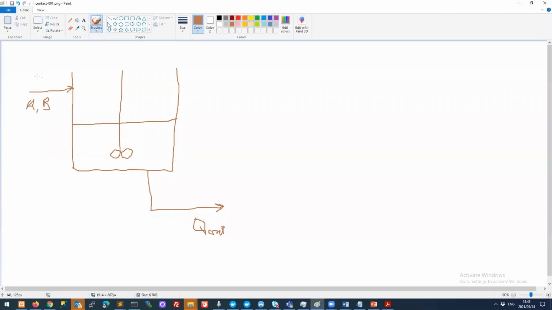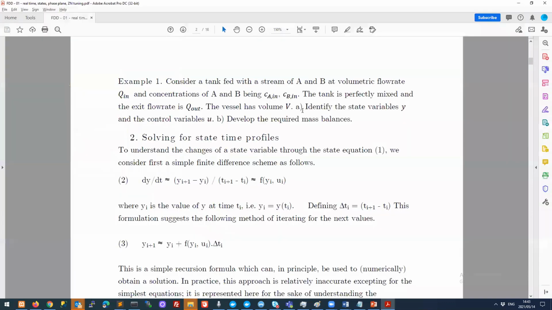And I guess this is Q in. The vessel has a volume V. That might not be the actual volume of the liquid there, if it is liquid, it doesn't really say.